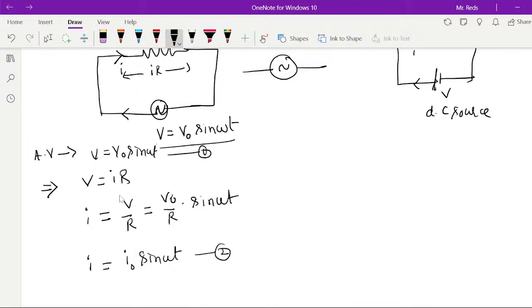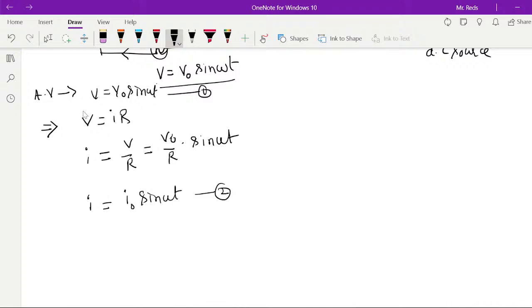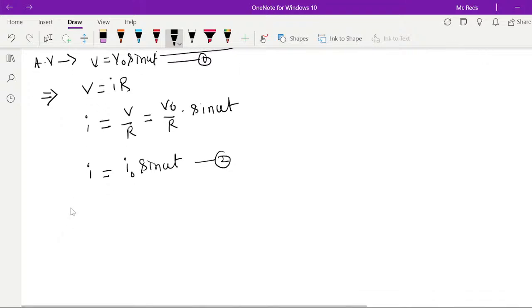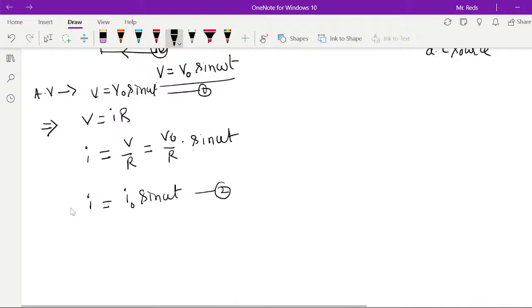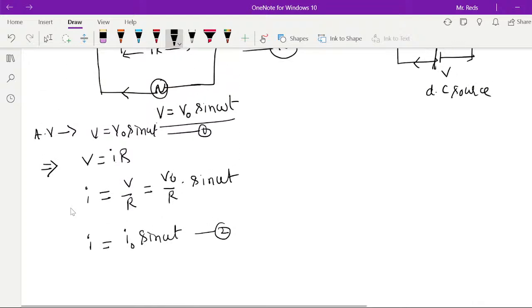The phase difference between them is 0. So we can say the alternating voltage and current are in phase, right? For this, the waveform representation and hence a phasor representation can be given as shown here.